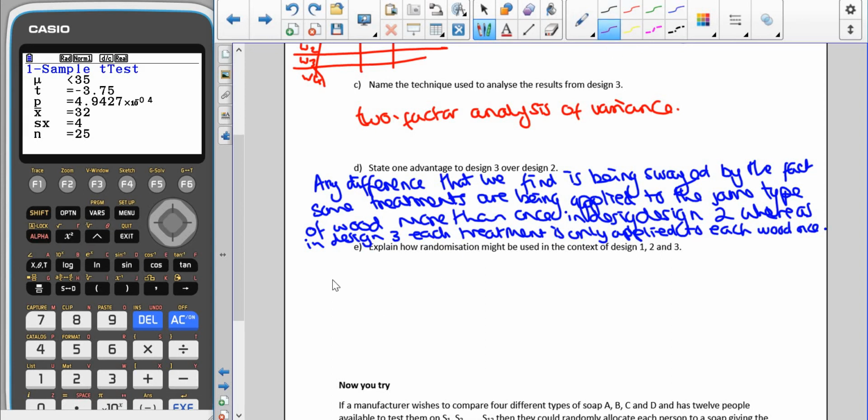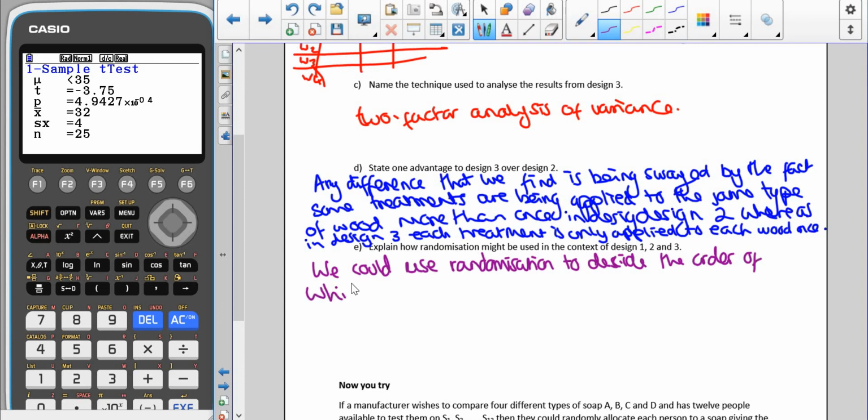Well, we could use randomization to decide the order of which the treatments are applied to the wood.